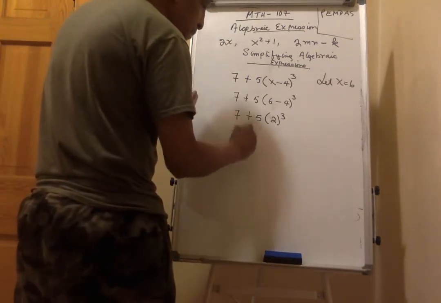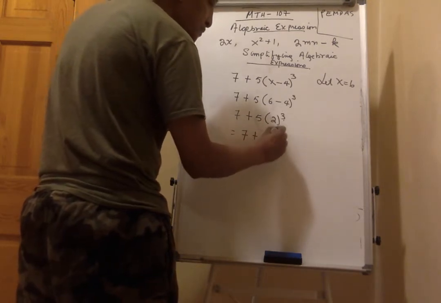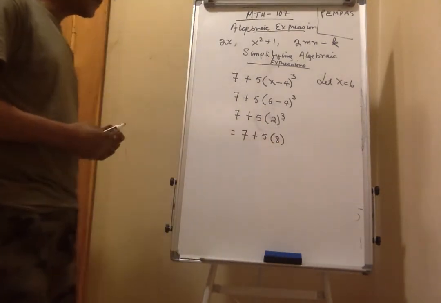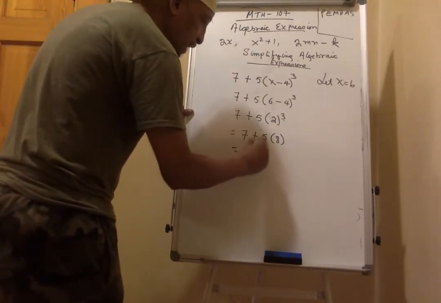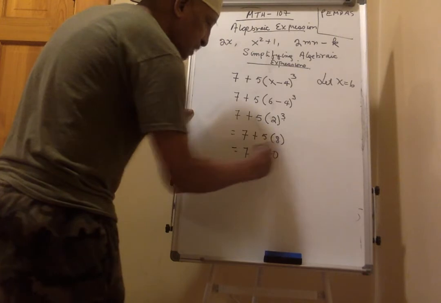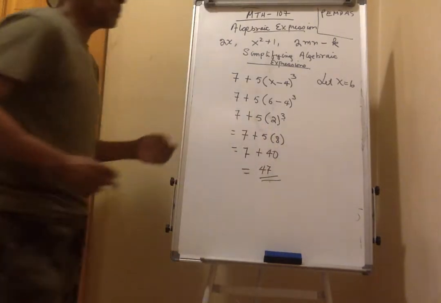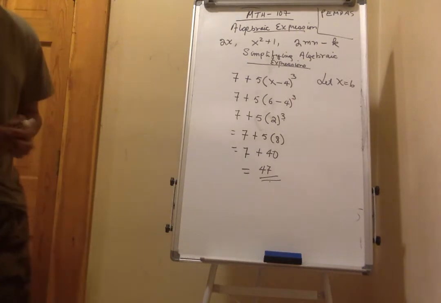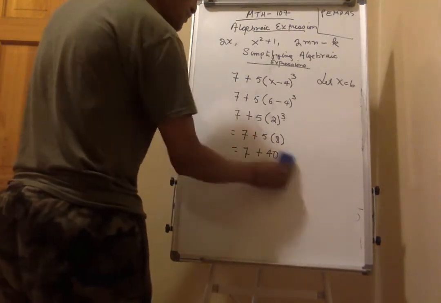So I would end up with 7 plus 5, and 2 cubed is 8. Then you go ahead and multiply 5 by 8, you would end up with 7 plus 40, so you get the number 47. Your answer becomes 47. Okay?